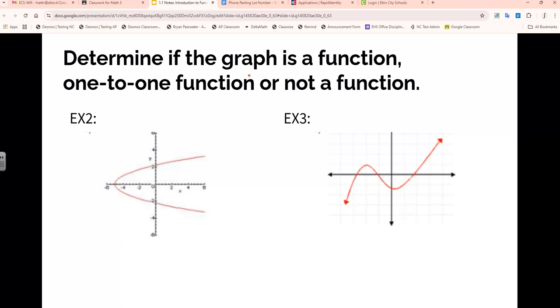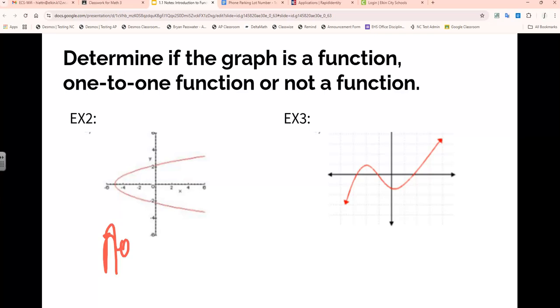So that one is a no. That's not a function. So if it's not a function, you don't even have to check to see if it's a one-to-one function, because it has to be a function for it to be a one-to-one function.